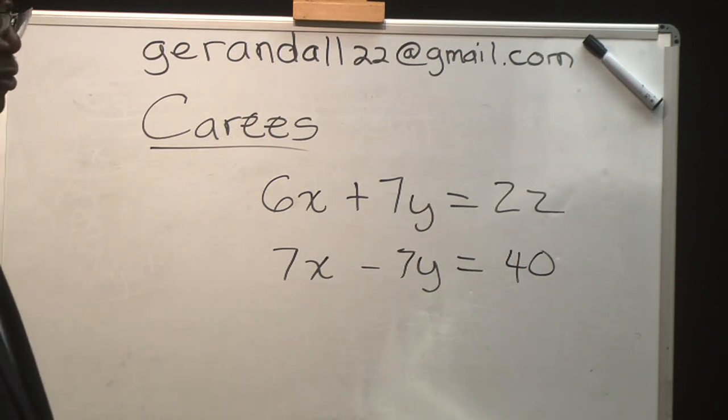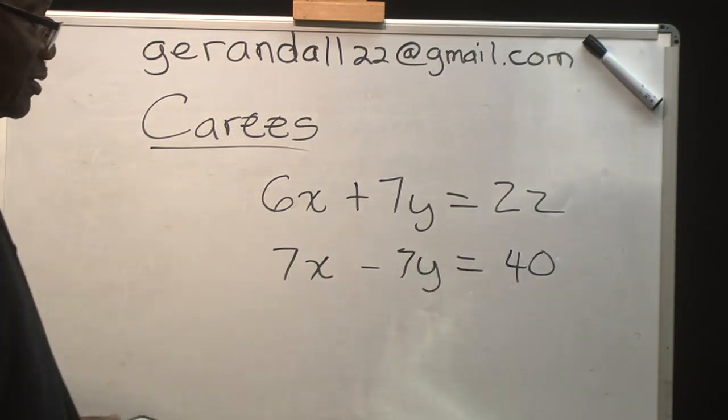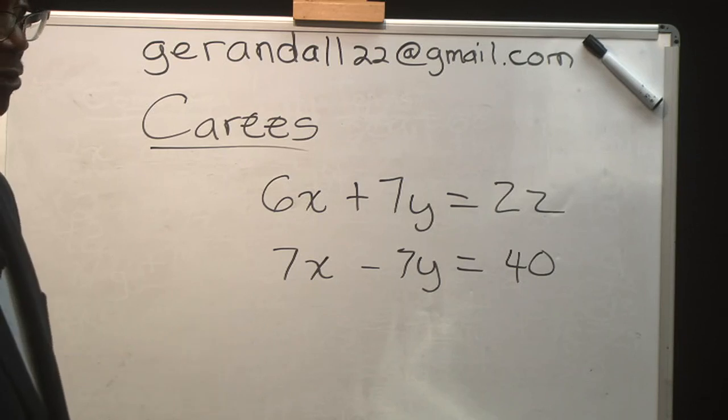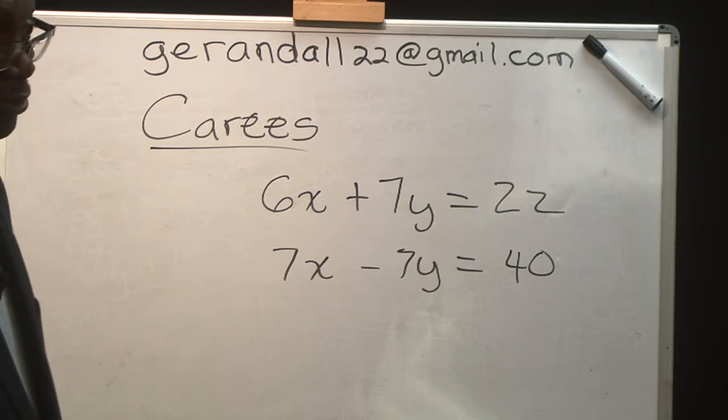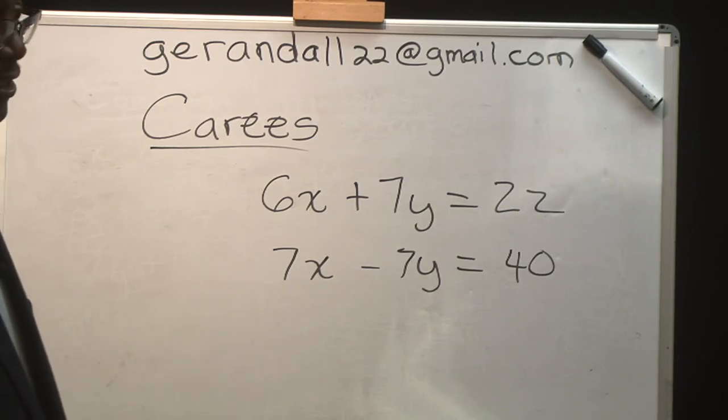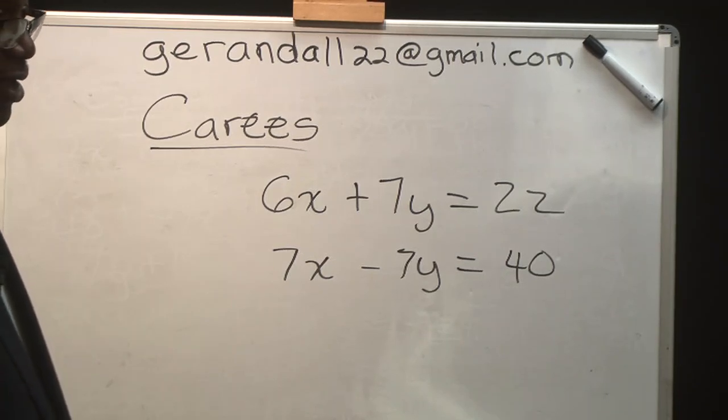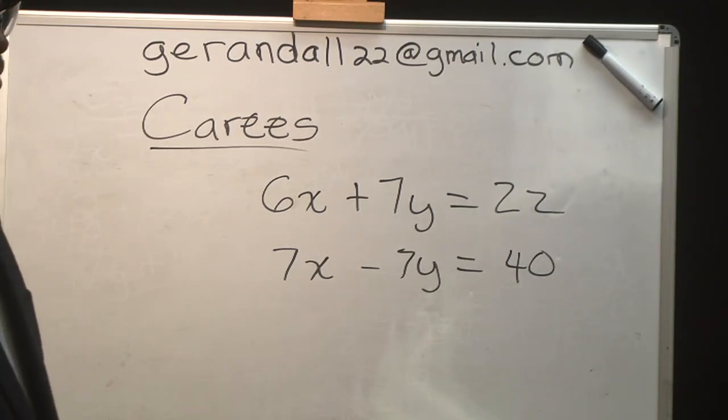I have several students that are working on problems like this. And there are 3 ways to solve them. It's called substitution, elimination, and graphing. We'll talk more about that next time.